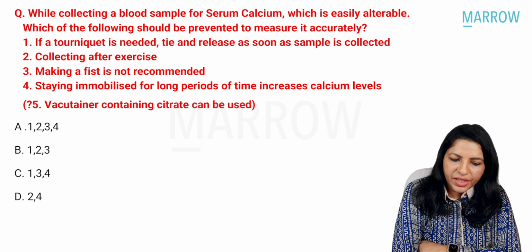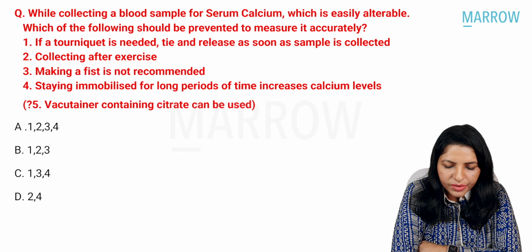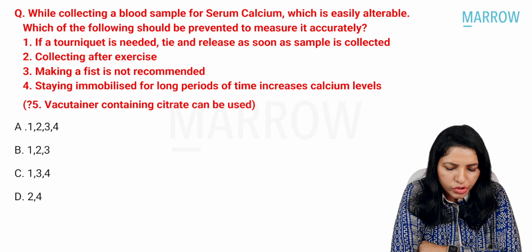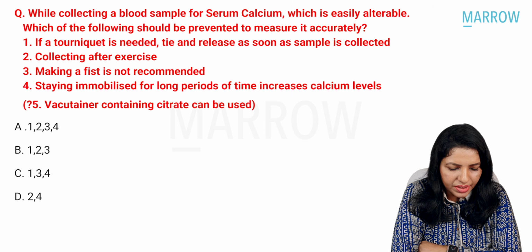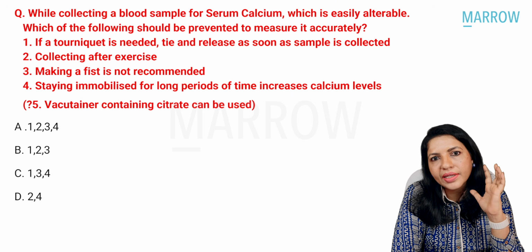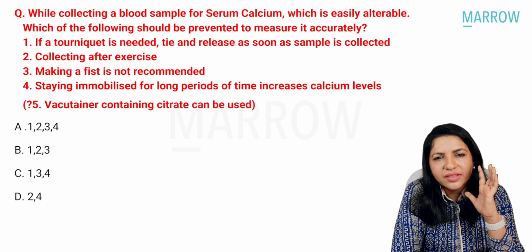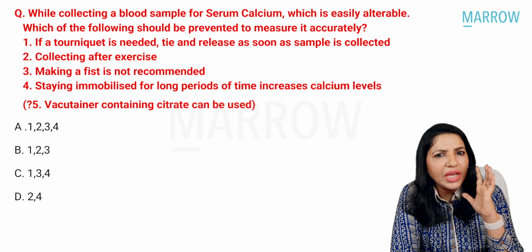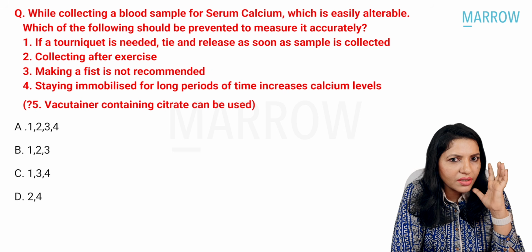Okay, going to the next question: while collecting a blood sample for serum calcium, which is easily alterable, which of the following should be prevented to measure it accurately? Calcium estimation is very highly amenable to various pre-analytical errors.